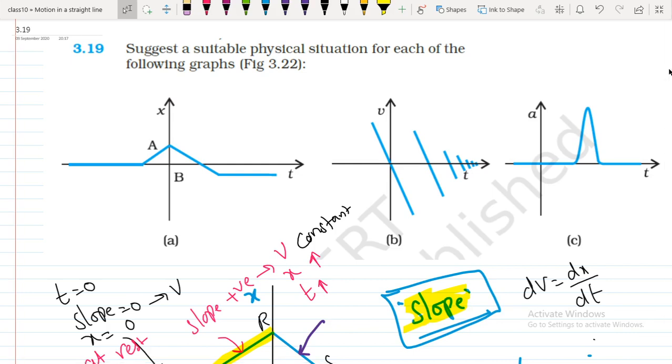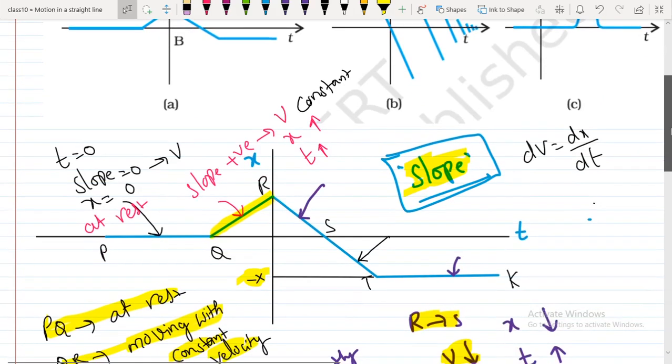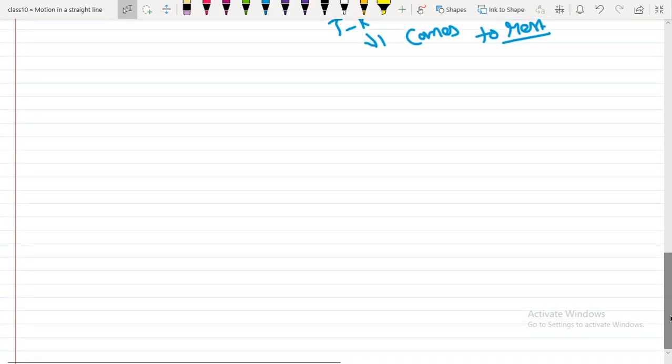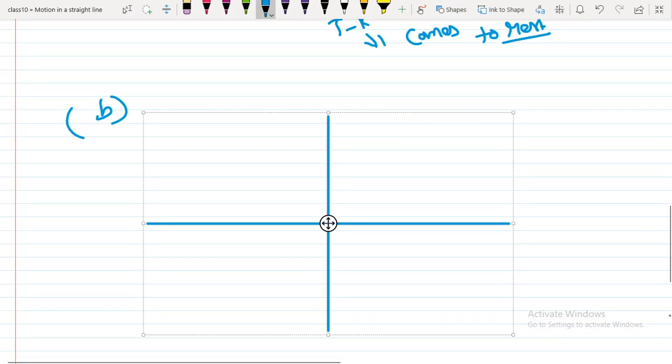Now let's see the B graph. The B graph is velocity versus time, and different lines are there. Let me draw quickly. This is my velocity versus time graph.